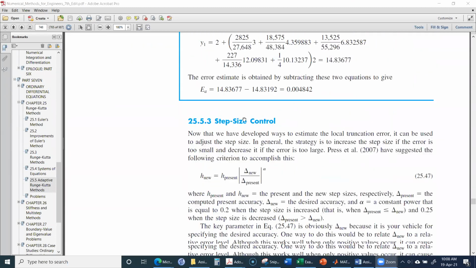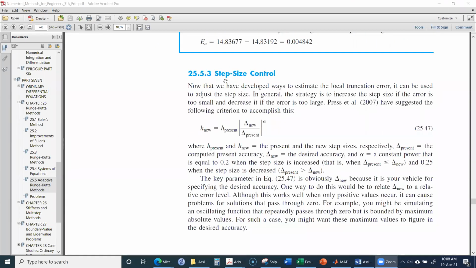In this way, we get the step size control. The value of alpha depends on whether delta present or delta new is bigger.